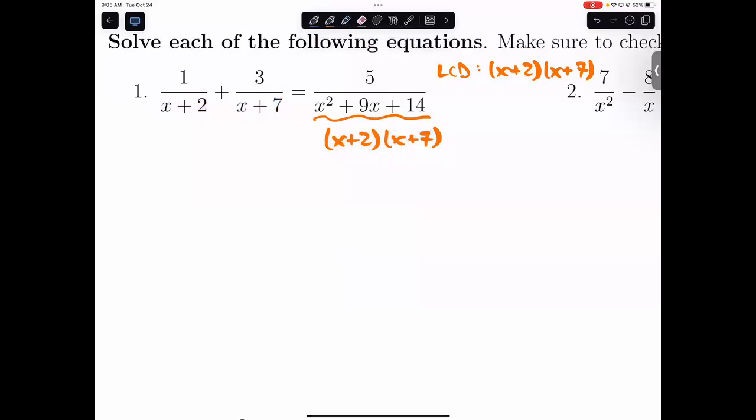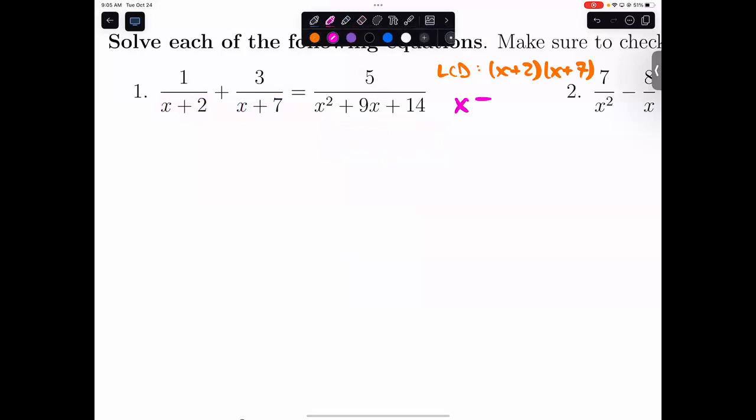Okay. And if that's the LCD, then whatever else happens as we go through solving this, I know that in the original statement, x cannot be -7 and it cannot be -2 because that would make all or part of the original thing undefined, right?